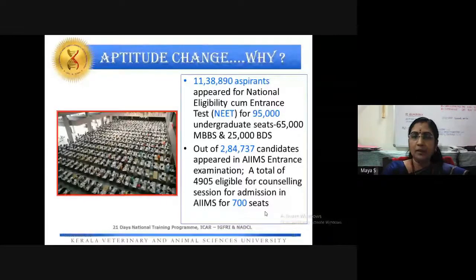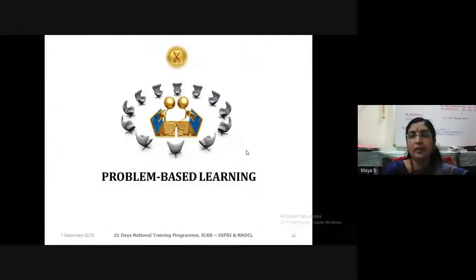Another set of data shows nearly 3 lakh students appear for the AIIMS entrance examination, and only 700 seats are there for different AIIMS colleges. So the remaining, nearly 2.75 lakhs, will be left desperate after these competitive exams. That is where we need a change in the curricular approach by a teacher.